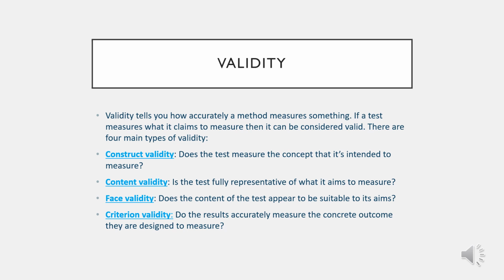So if we're interested in day-to-day memory function, we need to make sure that the tests that we use in the laboratory are actually related to day-to-day memory function. So do the results accurately measure the real outcome, how this person is functioning on a day-to-day basis, if that's what the test is designed to measure.